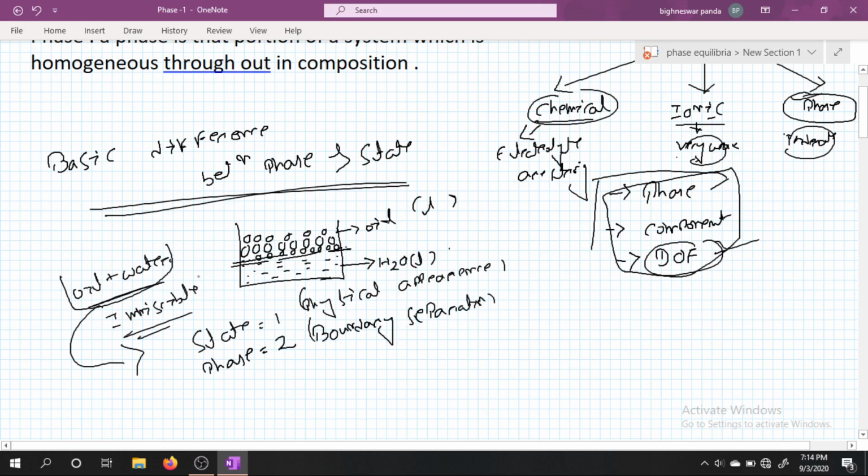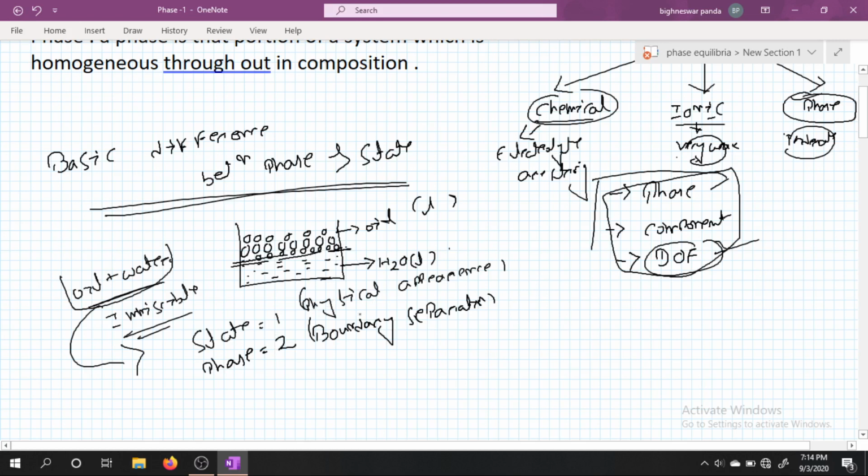In this oil water system, one state means oil is in liquid state, water is in liquid state, so they have the physical appearance of liquid state. But in case of phase, we have two phases, because in between oil and water there is an imaginary boundary present.